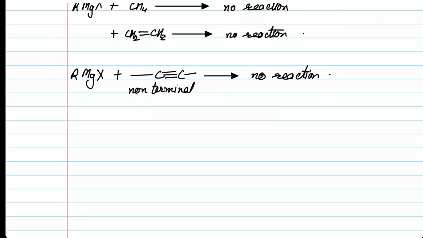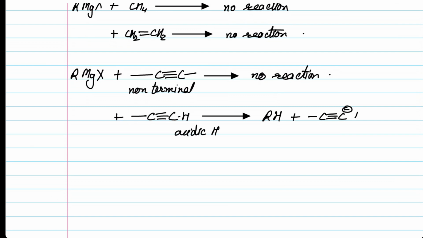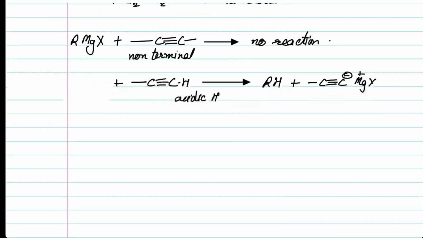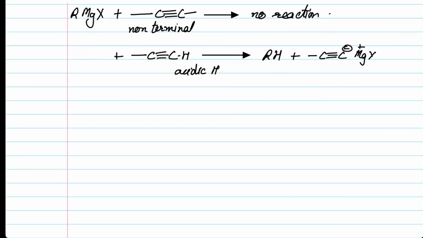But if we have a terminal alkyne, like C triple bond C H, then this terminal alkyne contains an acidic hydrogen. This acidic hydrogen, as usual, is going to behave the way an acid behaves, and we are going to get an alkane along with C triple bond C minus MgX, that is, magnesium alkynide, along with the alkane. That was the reaction of the Grignard reagent with hydrocarbons.